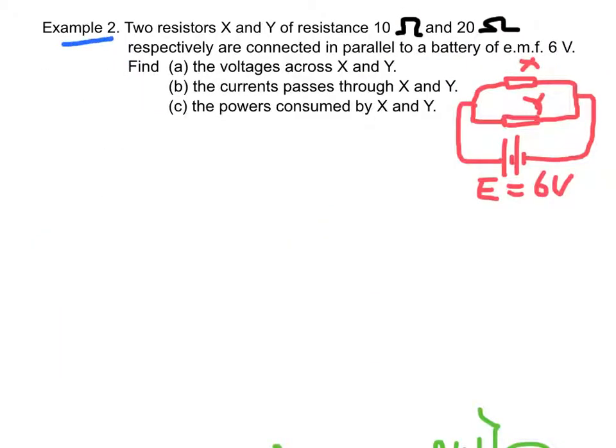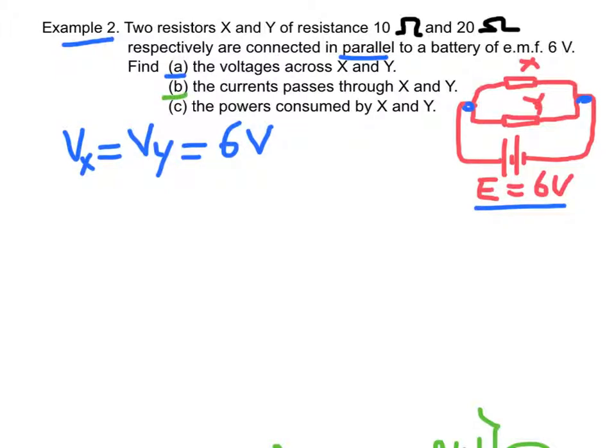Example 2. Part A. Since X and Y are connected in parallel, they have the same voltage. That is, Vx equals Vy equals the EMF of the battery, which is equal to 6 volts.